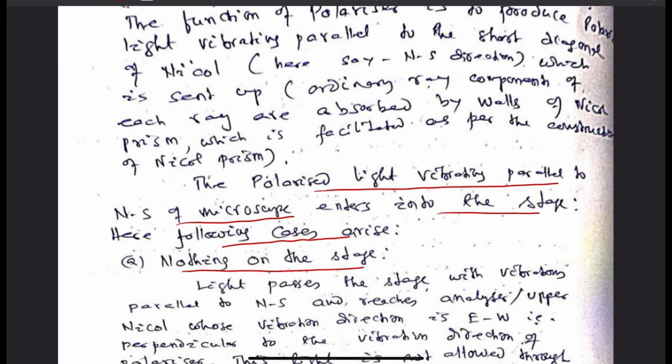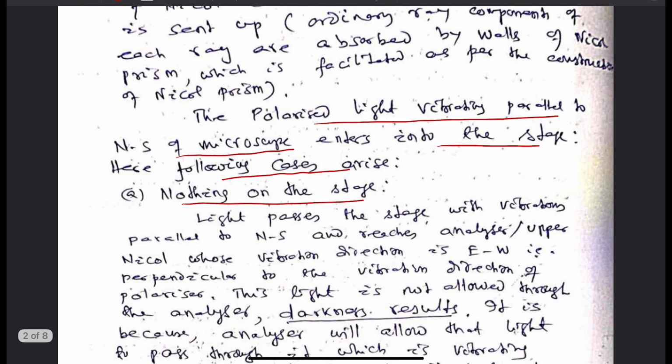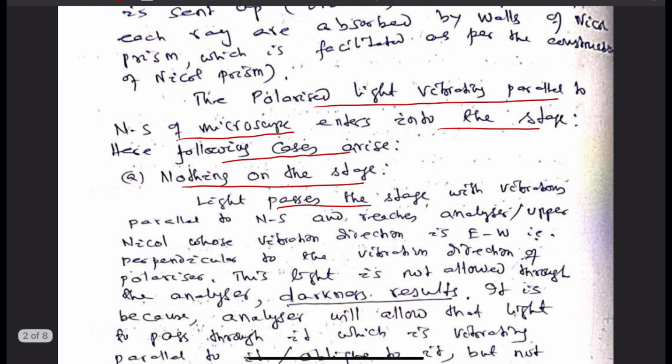the light property by keeping nothing on the stage of the microscope. In this condition, light passes the stage with the vibration parallel to the north-south, because north-south vibration is coming from the polarizer.